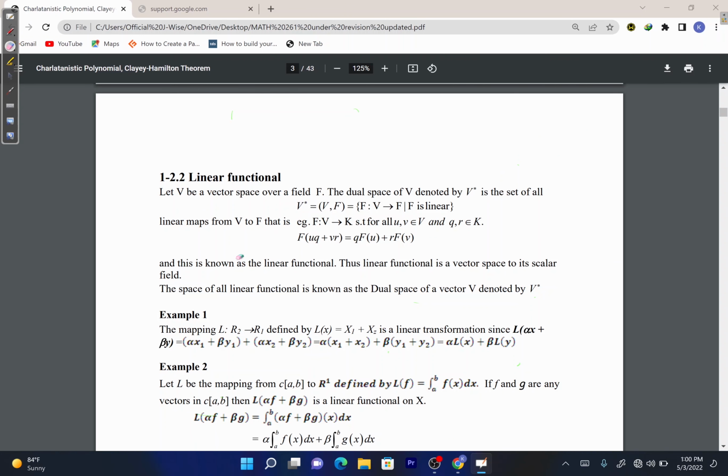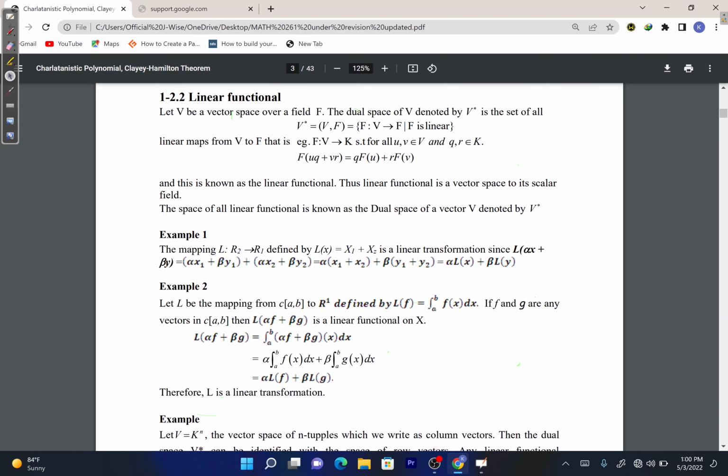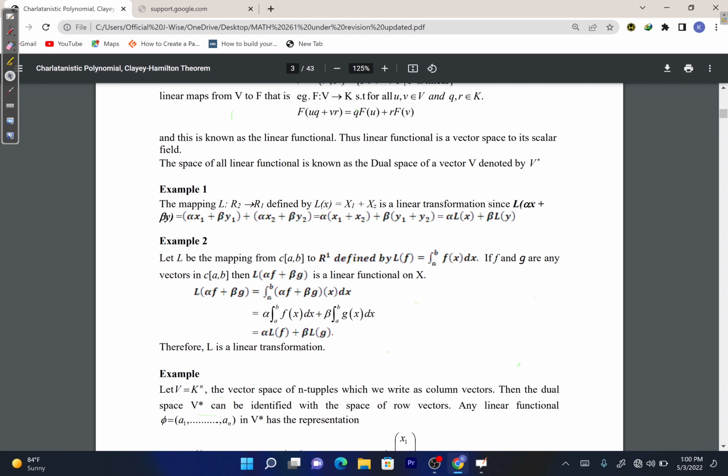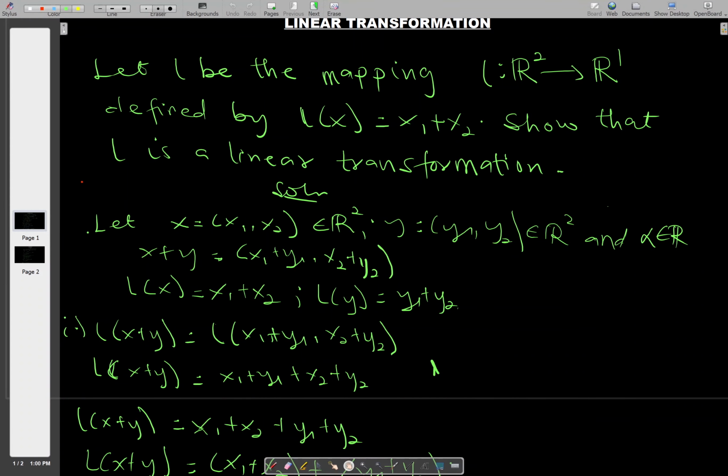Okay, we also have another example here, right? So we have example 1. Let me show the detailed solution. I have it here. We let L be a linear map.